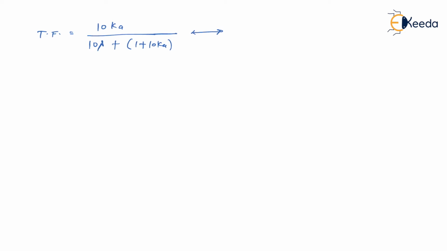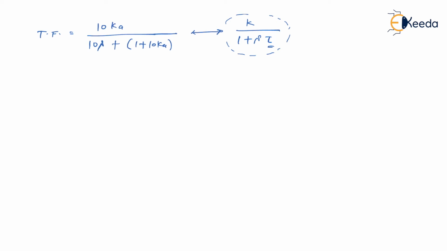If you remember, in a standard first order system, the K value is equal to 1. In general, the first order system is written this way: K upon 1 plus s tau. Now the question is, why convert into this form? The reason is we want a time constant form.